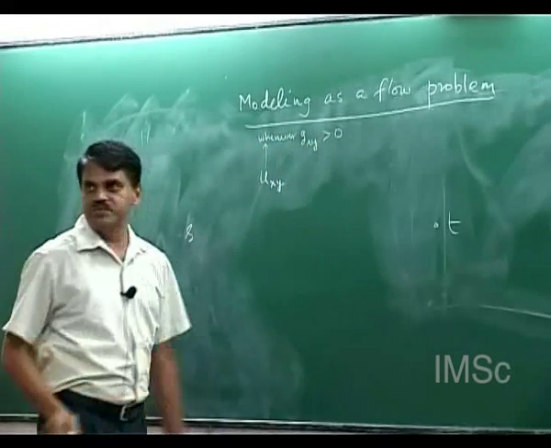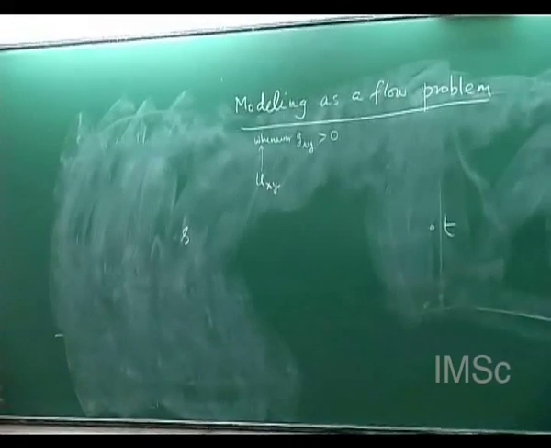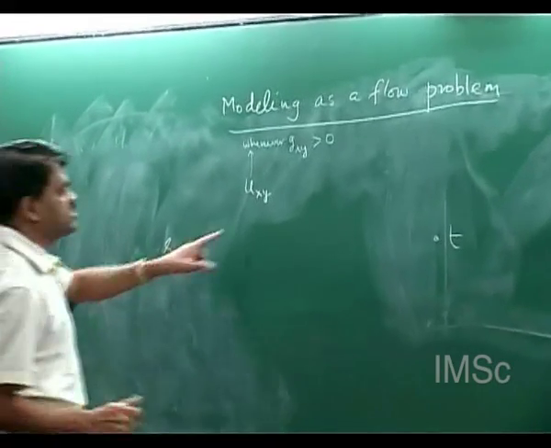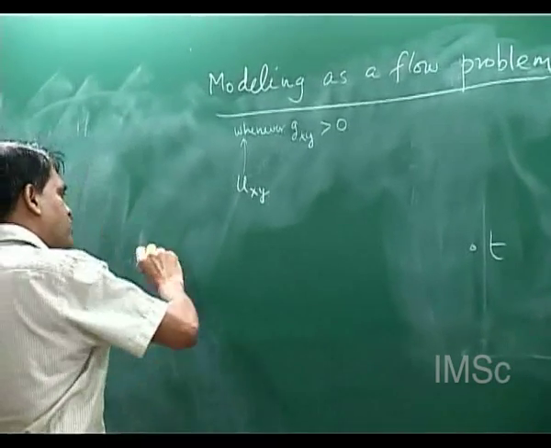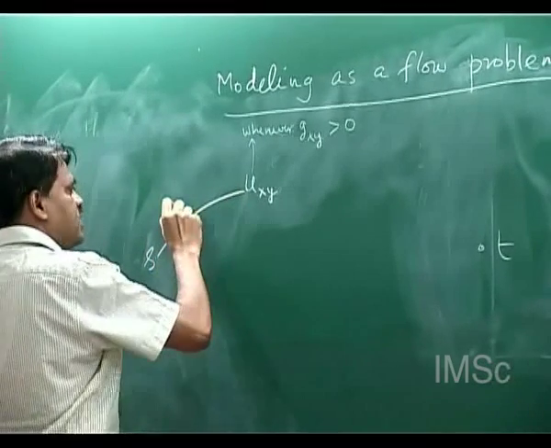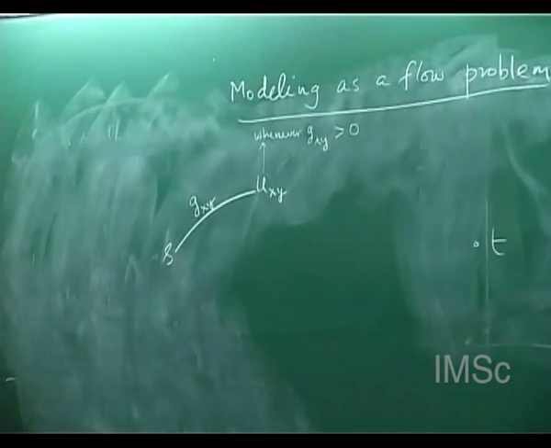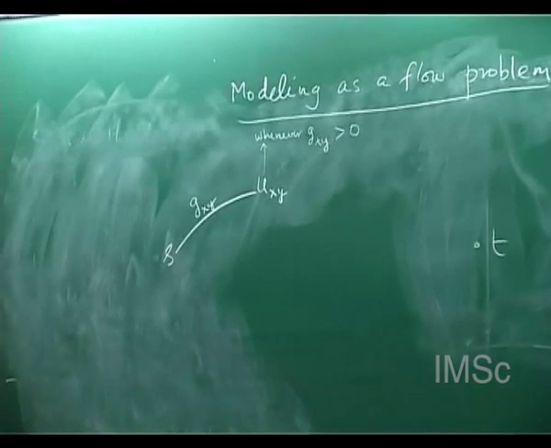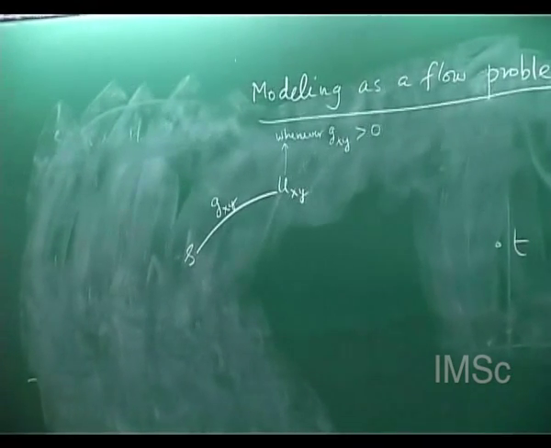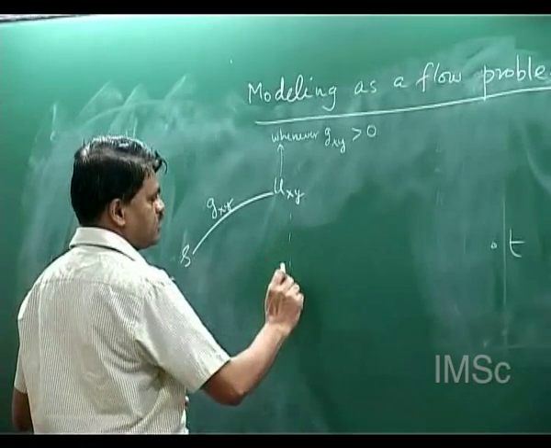So if you have a pair of teams between whom the number of matches yet to be played is non-zero, then I am going to have a vertex here, and there is an edge from S to all these vertices, and this edge gets a capacity of gxy. This is the number of games. The source is going to supply this number of games to this vertex. So you have vertices like this.